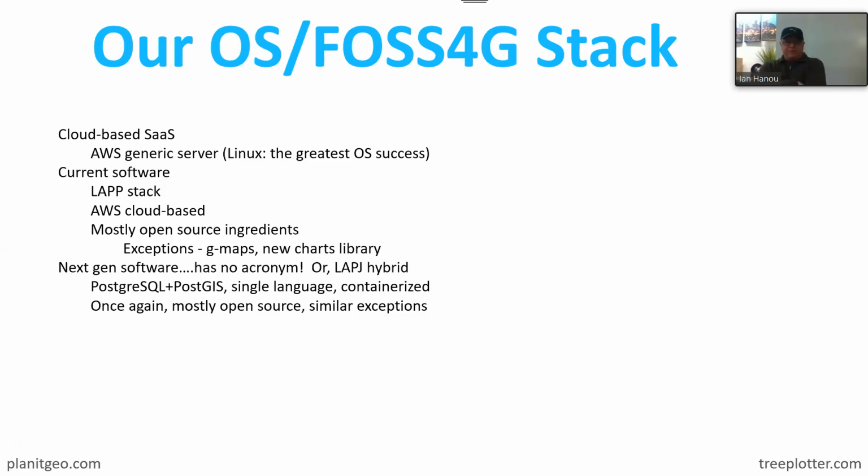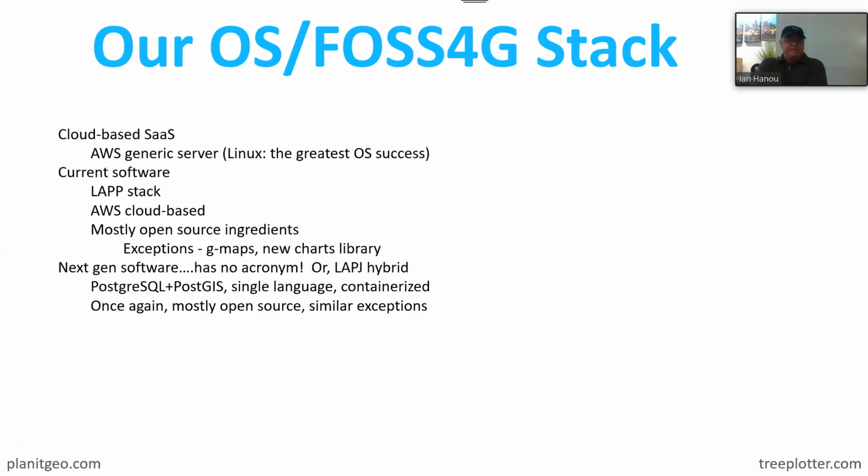And so the stack that we ended up developing is a cloud-based software as a service, multi-tenant platform. It runs on Amazon generic Linux servers. I have a note there that Linux is the greatest open source success ever. And we developed our stack. It's basically a LAMP stack: Linux, Apache, PHP, and Postgres.